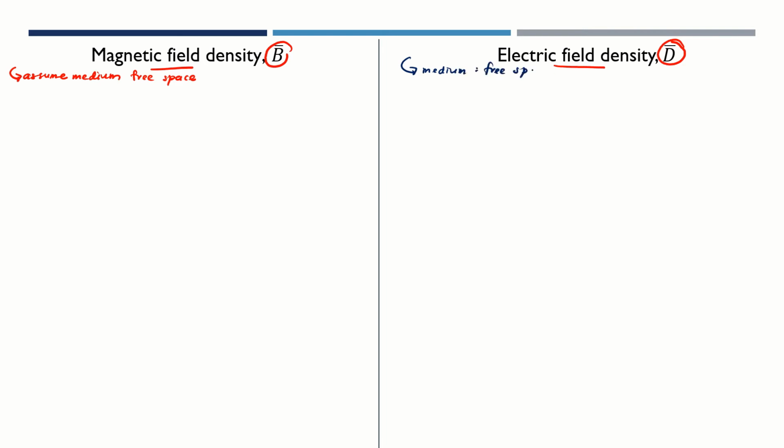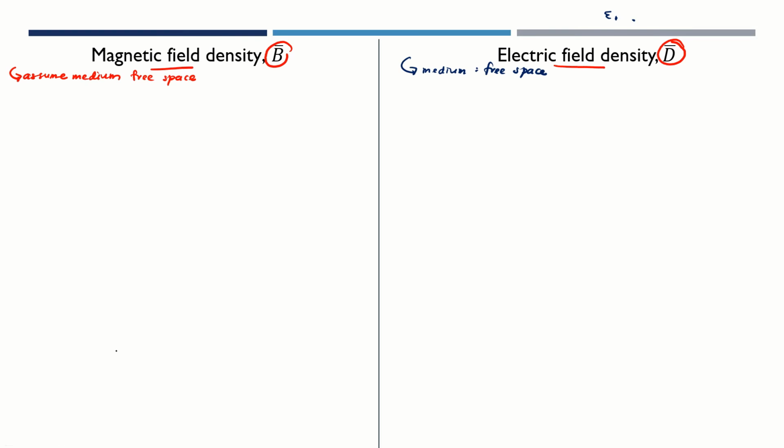When we say free space for electric field, what will come automatically to your mind? It is epsilon naught, right? But what will it be for magnetic field density? It will be slightly different.